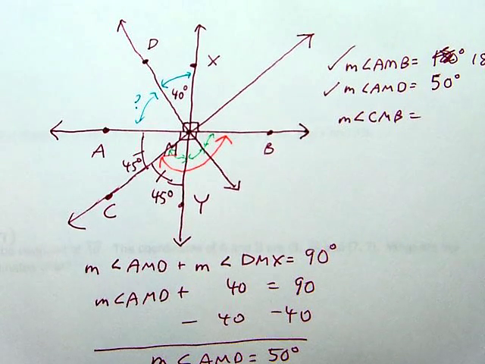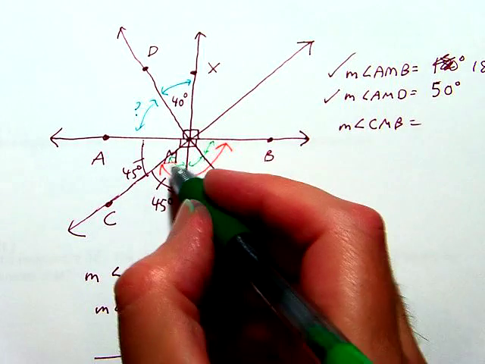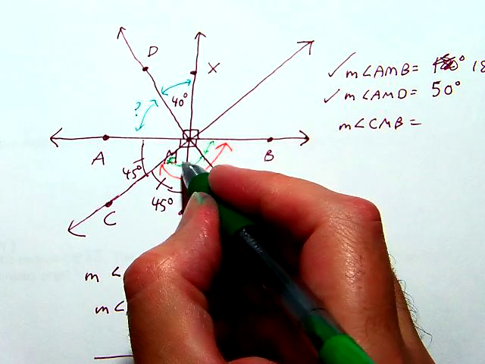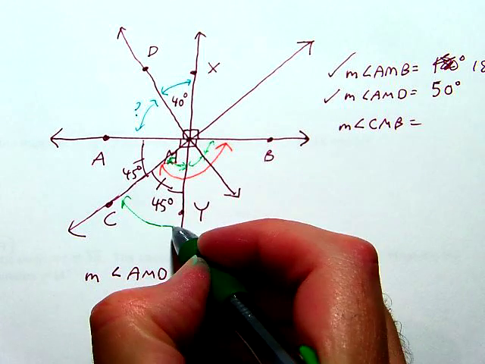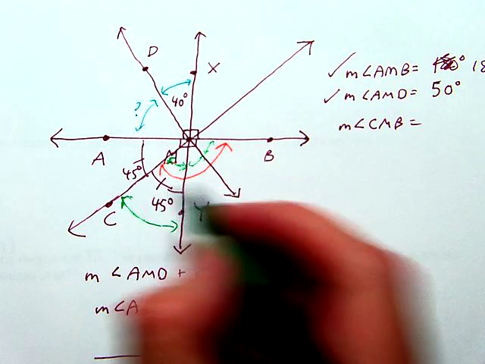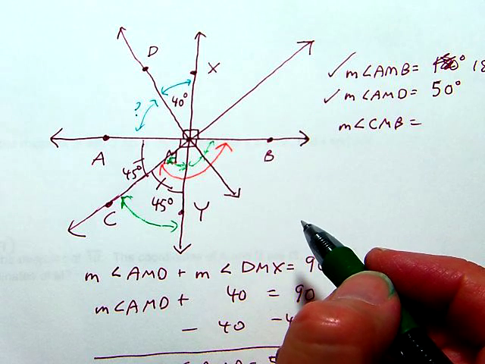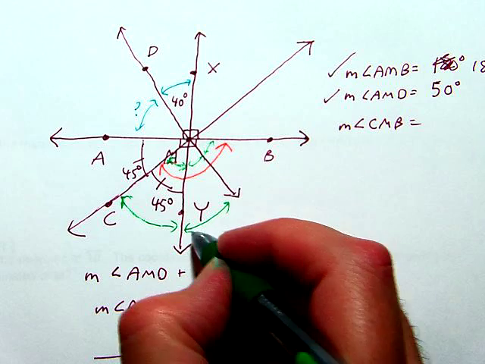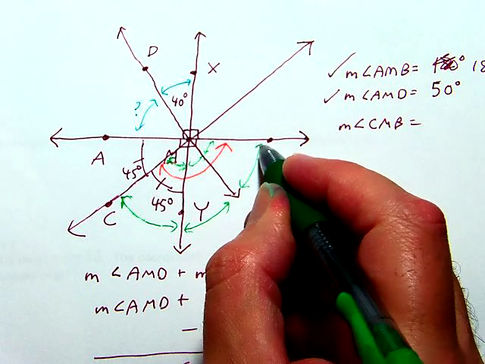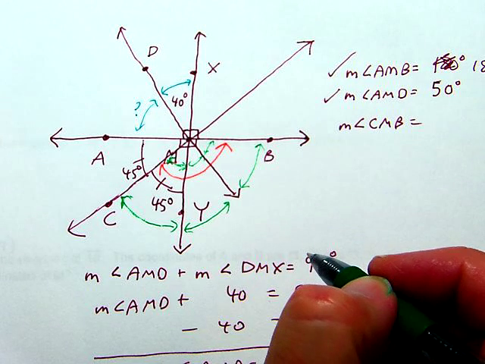Another thing we could notice is that we already know the degree measure of this angle. This angle is 45 degrees. And it may be a little complicated to figure out what this angle is and what this angle is. We can do it. It wouldn't take that long to do it.